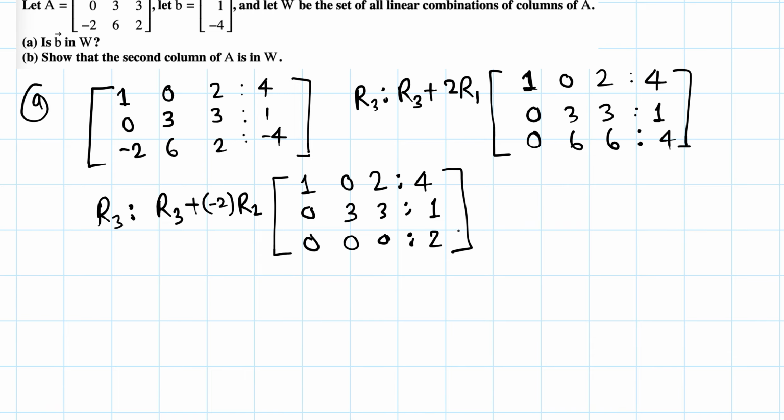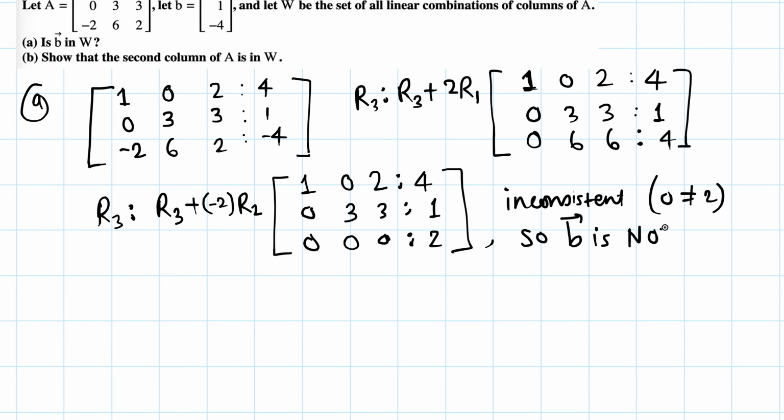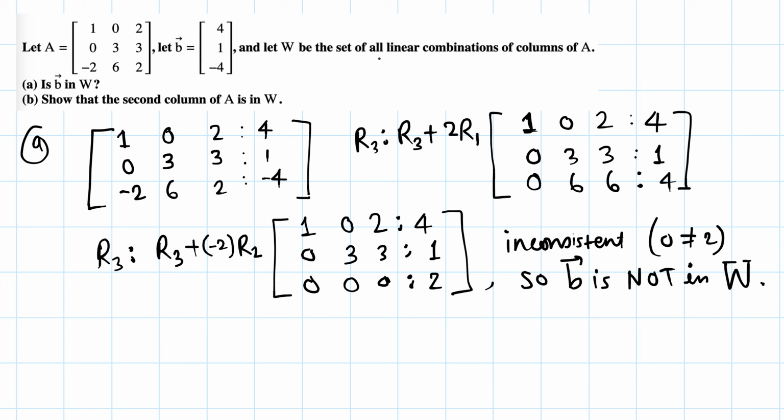No. From this, the system is inconsistent because 0 can't be equal to 2. So the vector B is not in W, where W is the collection of all linear combinations of the columns of A.